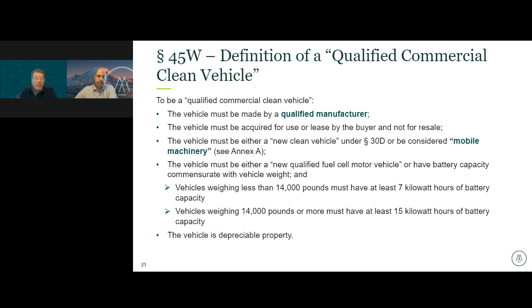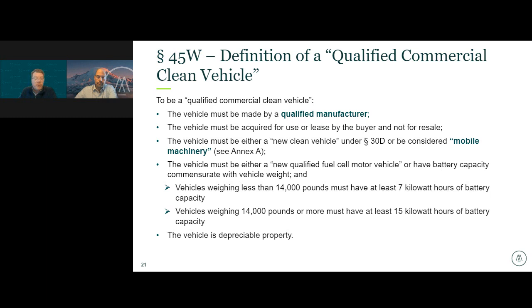All right, so what does it mean to be a clean vehicle? And this is important. The vehicle has to be made by a qualified manufacturer. The IRS has a web page for Section 30D. They're working on the 45W that will list who the qualified manufacturers would be. As you know, I think we can say fairly they would be who you would consider the usual suspects to be.